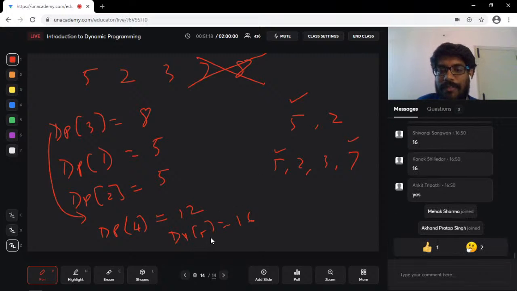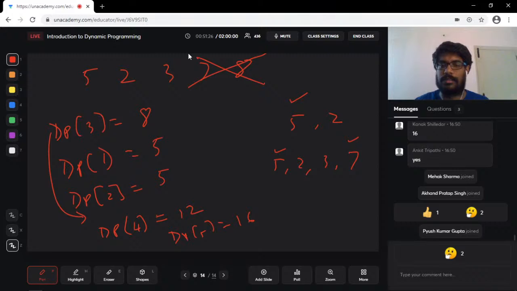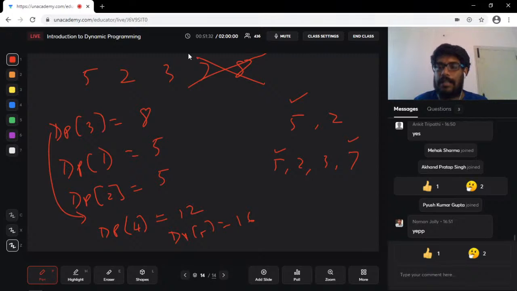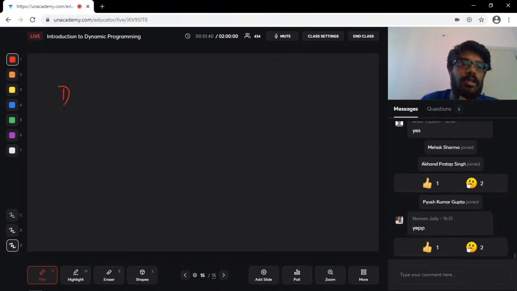But of course, how did I find DP of 5? I kind of just mentally did some math, looked at it, and then found. I didn't have any systematic way to find DP of 5, right? The entire concept that we're going to do now is how to do this systematically. Okay, that's the whole concept. So now let's maybe do it systematically from the first. Let's not take a concrete example.